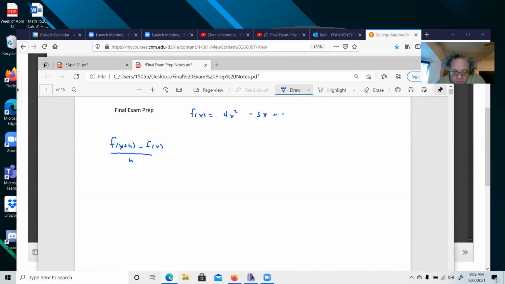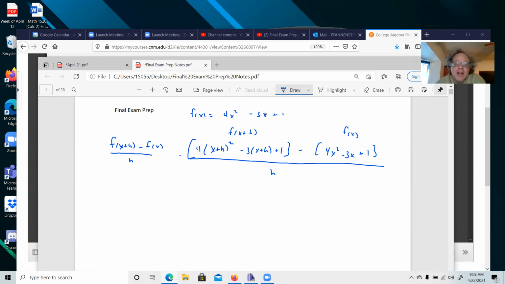So we have 4 times (x plus h) squared minus 3 times (x plus h) plus 1. This right here is your f of x plus h, minus 4x squared minus 3x plus 1, which is my f of x, and then all divided by h. One thing you have to realize is that when you've canceled this h, that means you're done. That's the goal, to cancel this h properly.